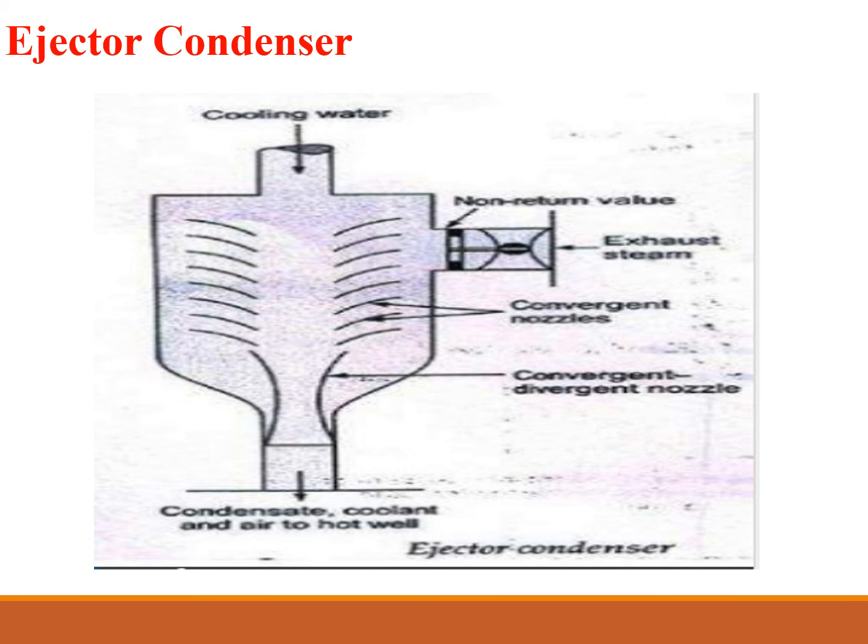The condenser acts as a condenser as well as an air pump. The function of the non-return valve shown in the figure is to prevent a sudden backward rush of water into the engine exhaust pipe if there is a sudden failure of water supply to the condenser.